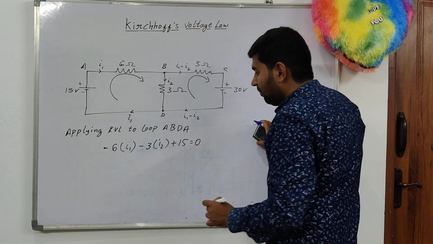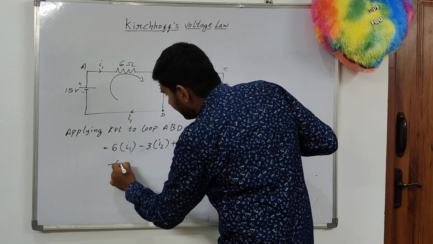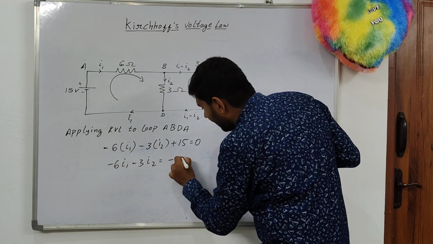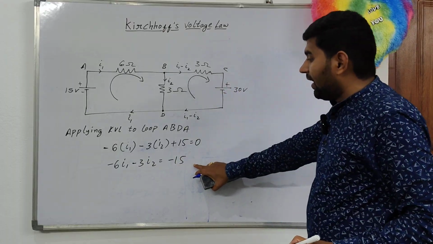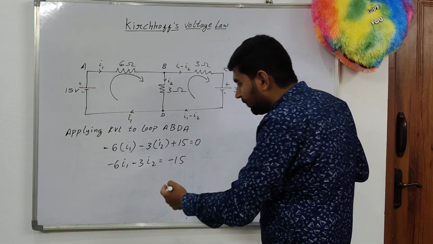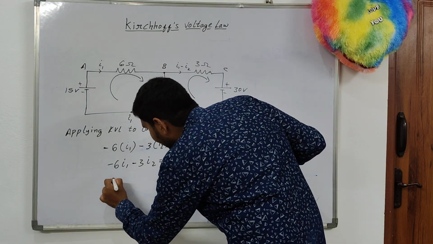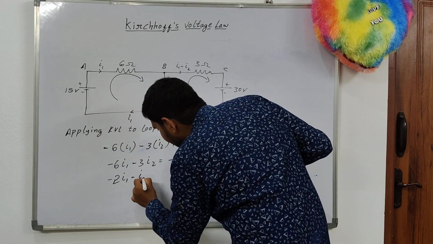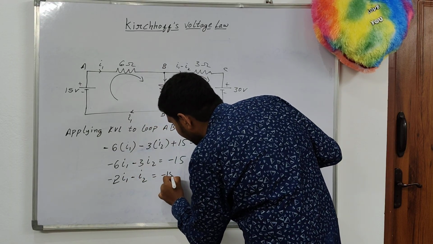From this, how can I write? Minus 6I1 minus 3I2 is equal to minus 15. Since 6 and 15 are multiples of 3, I can also write it as minus 2I1 minus I2 is equal to minus 15.